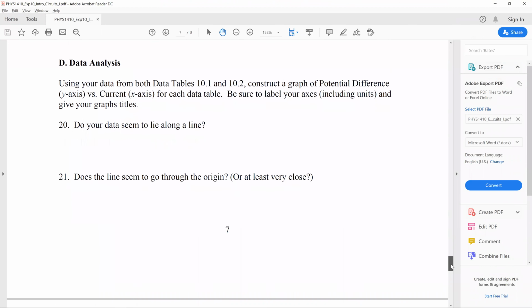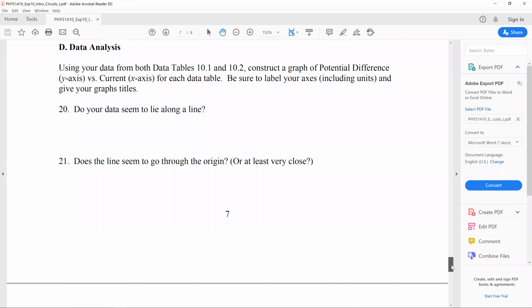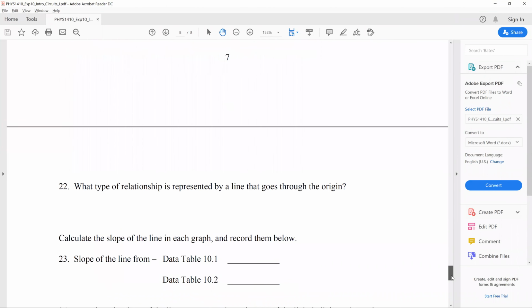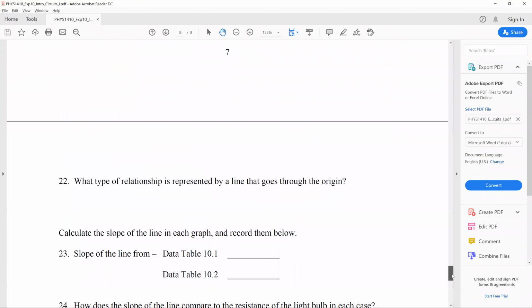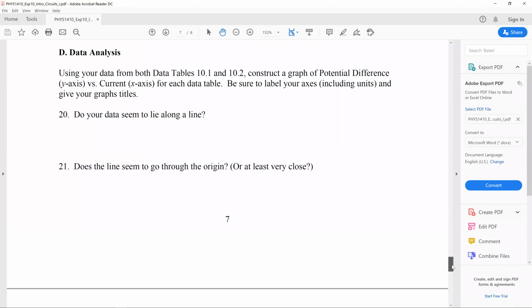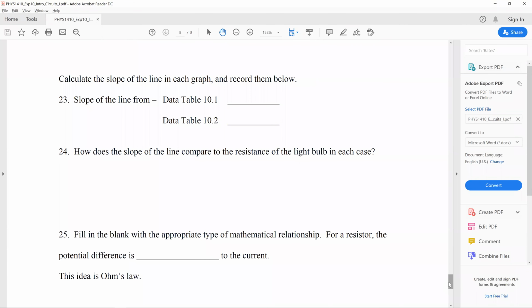All right, so the data analysis in your version of the report has been watered down because I decided I didn't want to worry about graphs since you're not going to be able to turn in paper copies. So all you really are going to do with the data analysis is, I think it starts here with the slope of the line.